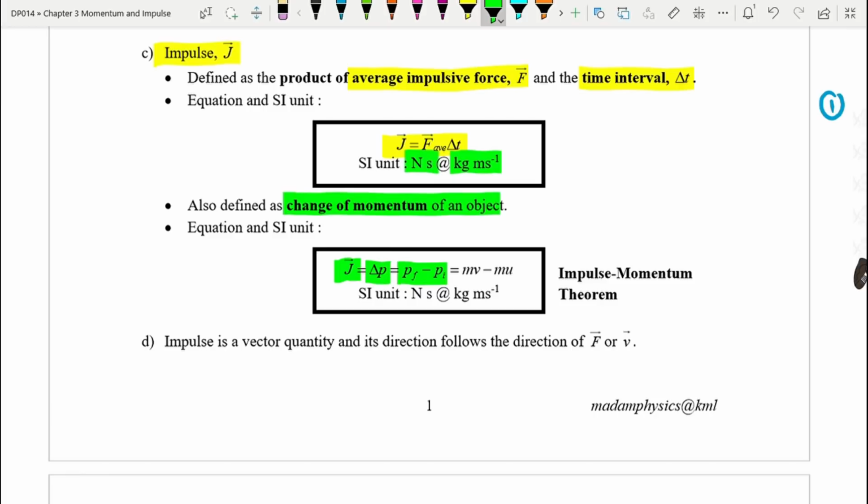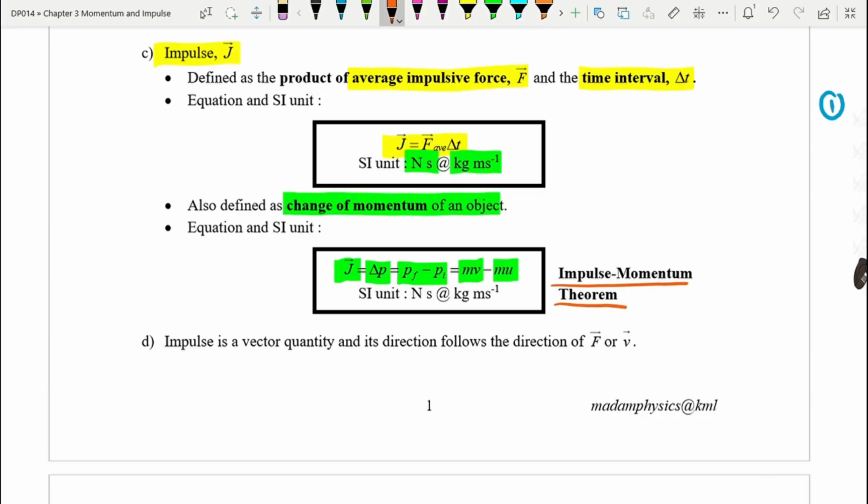From the definition of momentum, it's mass times velocity. So momentum final is mass times final velocity minus momentum initial, which is mass times initial velocity. Okay, so this is what we call the impulse momentum theorem.